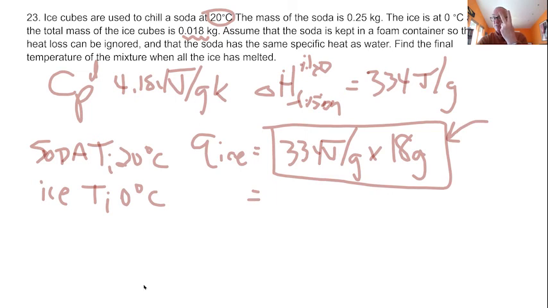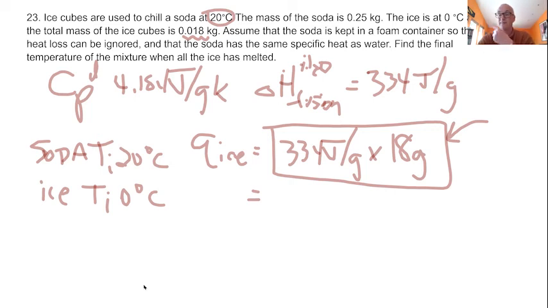So that's the two things that the heat from the soda is going to be lost to. So we've accounted for the melting of the ice, but now we have to account for taking the liquid water that was ice, that was at 0 degrees, and now it's going to be raised to whatever the final temperature is. So we have to add that to Q ice.